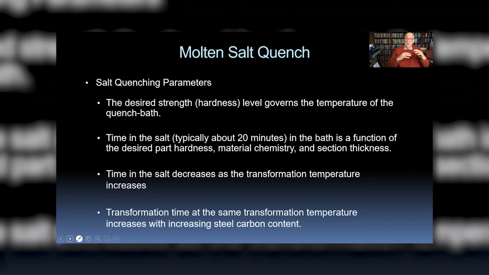So we have a hardening operation that results in a bainitic structure, but we don't need to temper. So that's one of the differences between hardening and Austempering.